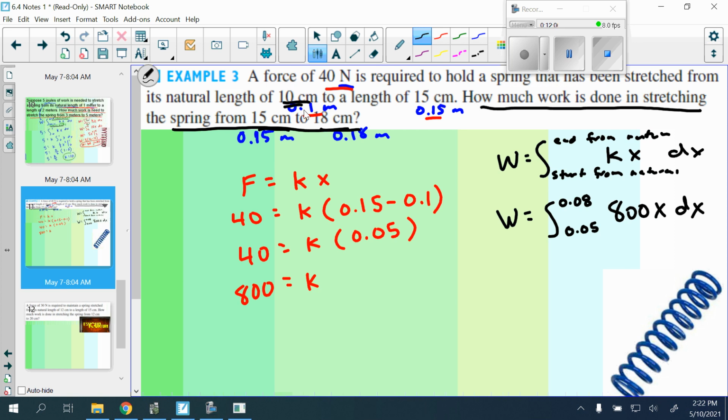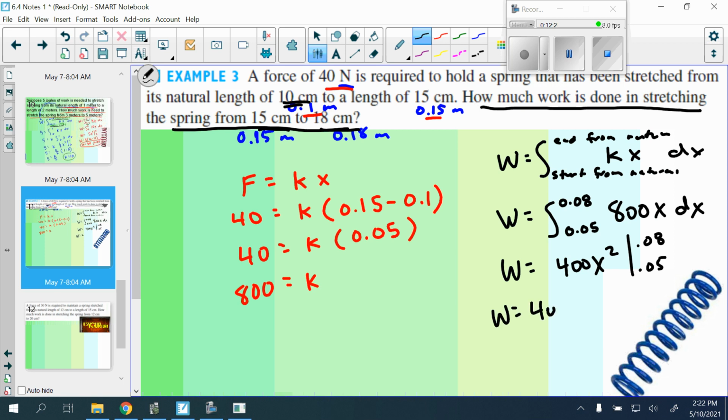Now to integrate this one, we just have to find our antiderivative, and that we've done before. So this would be x squared. So we've got 400x squared here from 0.05 to 0.08.